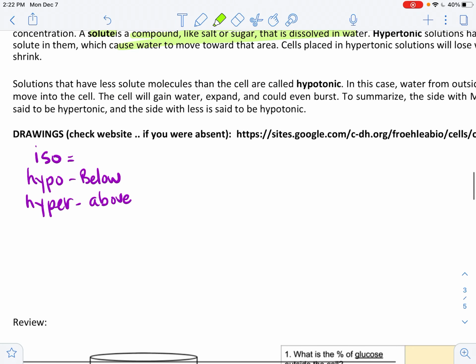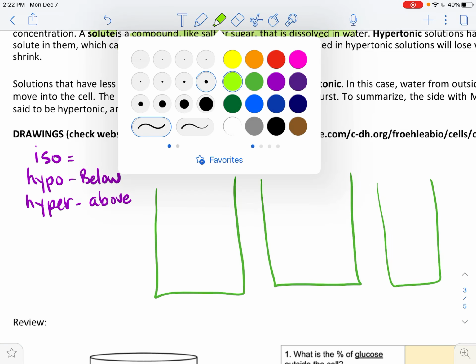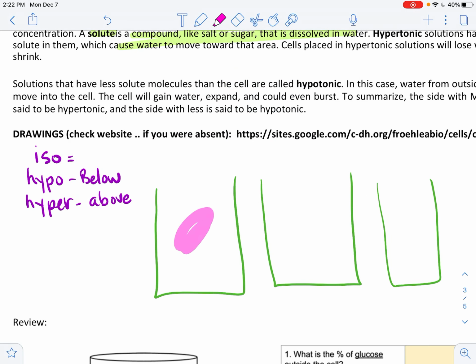Okay, so what I'm going to do is draw 3 beakers. And in the beaker, we're going to put a cell. We're going to just draw a big pink cell, and a pink cell, and a pink cell. And in the cell, we have 10% salt.